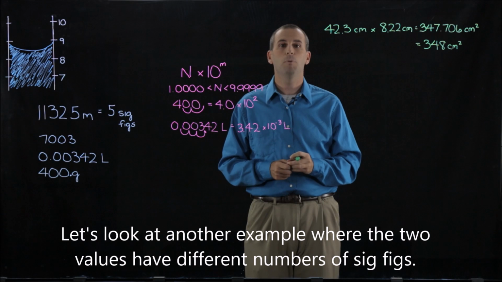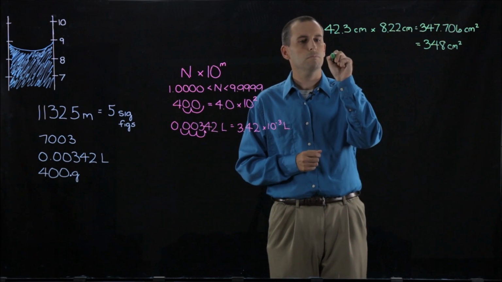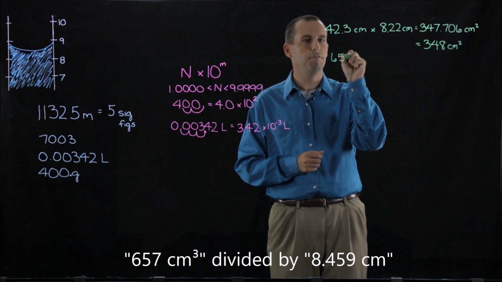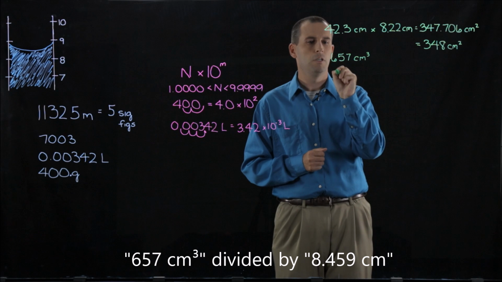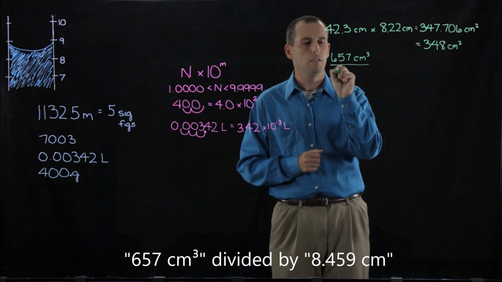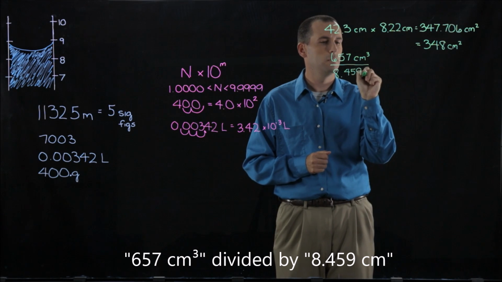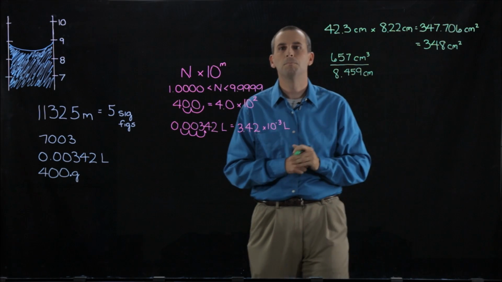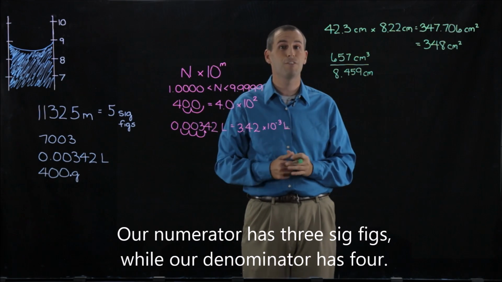Let's look at another example where 2 values have different numbers of sig figs. 657 centimeters cubed divided by 8.459 centimeters. Our numerator has 3 sig figs, while our denominator has 4.